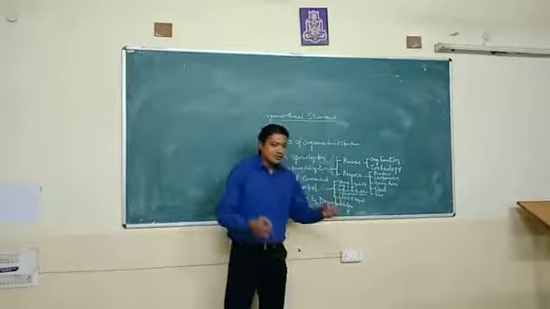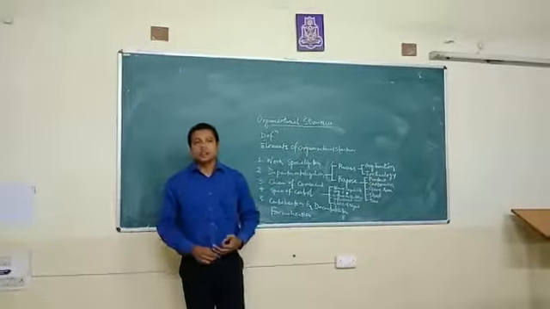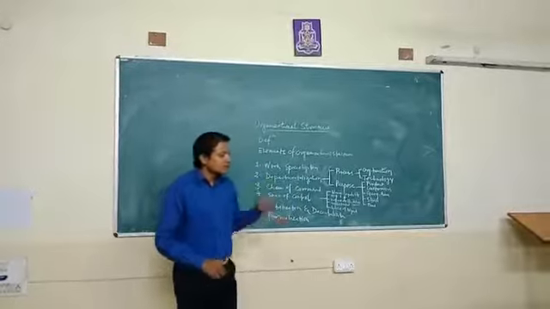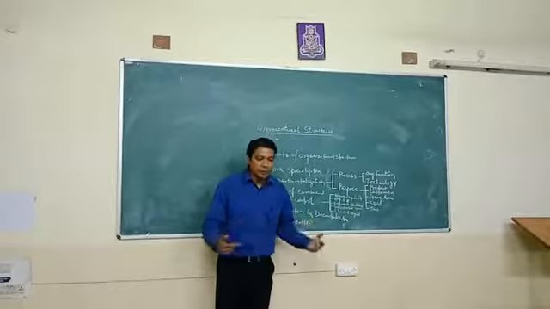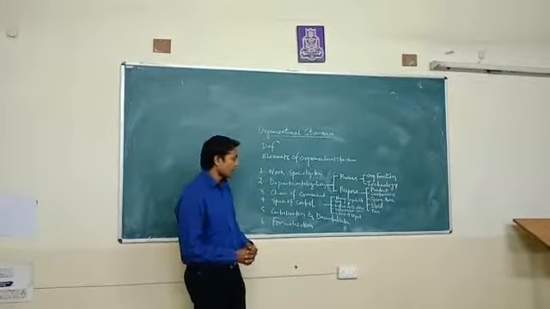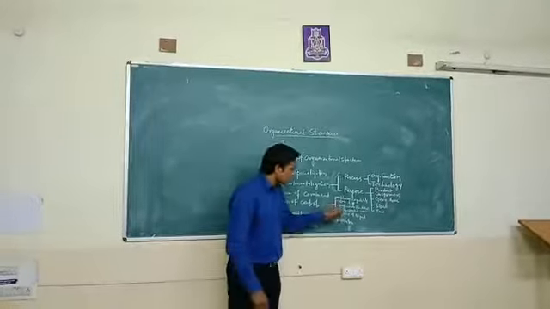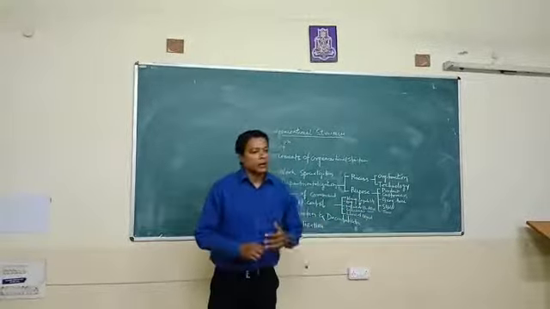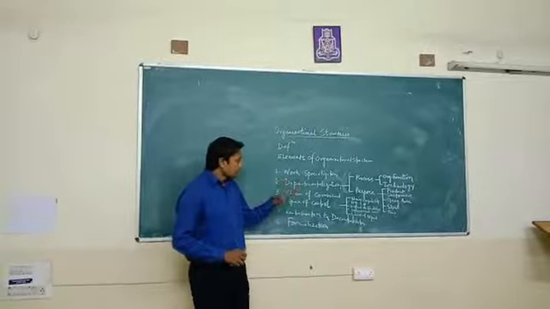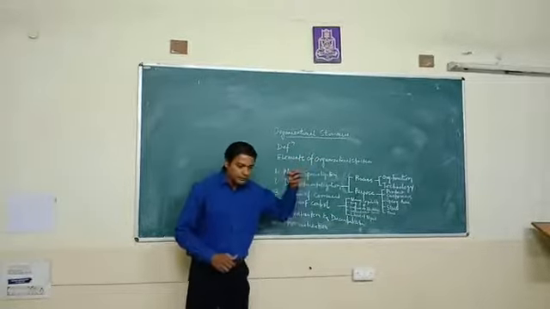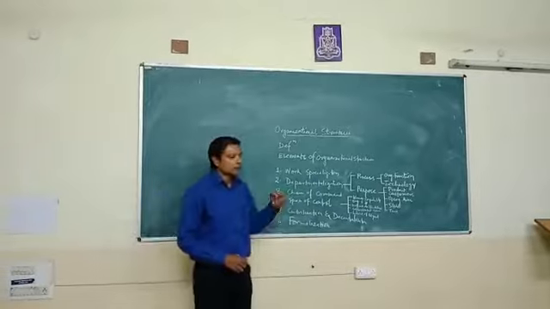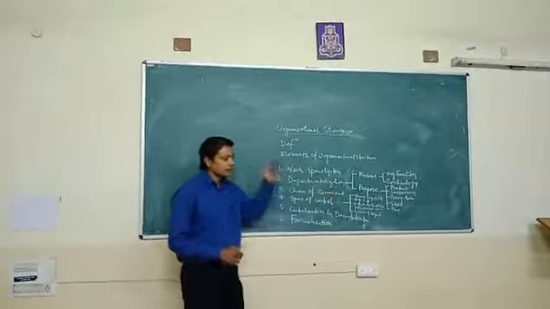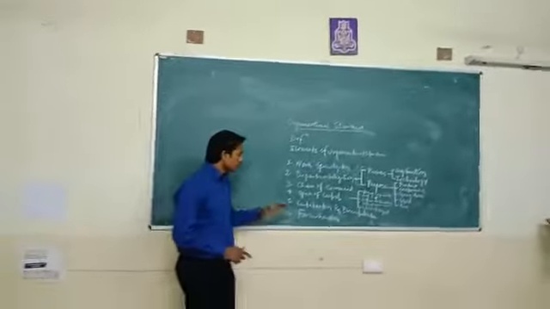And if there is a sophisticated communication and control channel in the organization, this also leads to a wider span of control. I must also tell you, the level of management also decides the span of control. There are different layers of management that vary from top level management to the bottom level management.